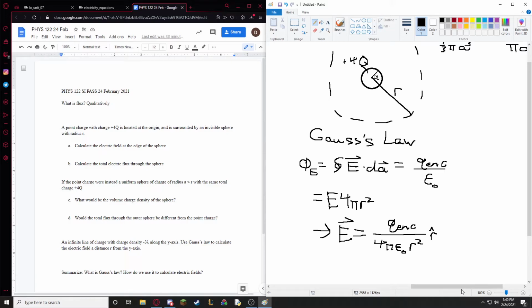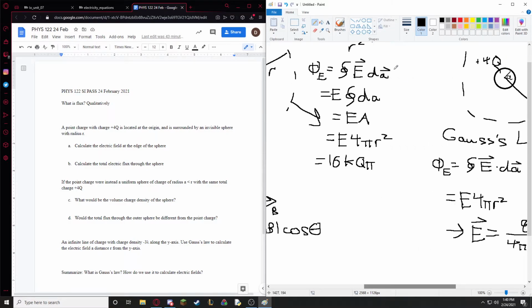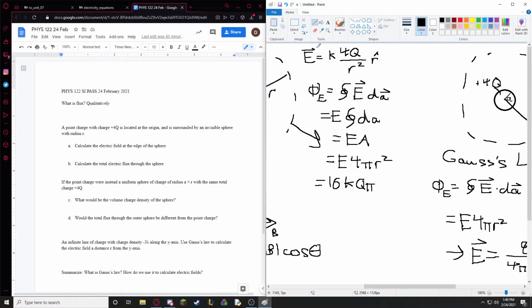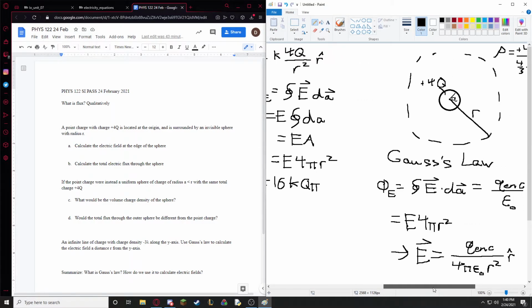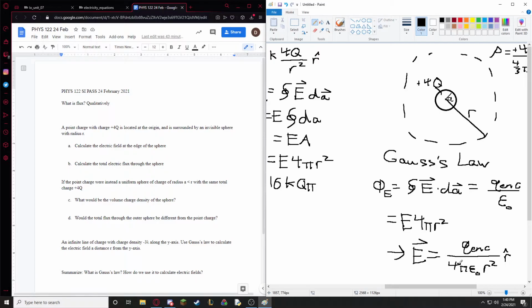So is this the same thing as our point charge electric field? With this different constant, epsilon naught, and we have this 4 pi we need to deal with. How are K and epsilon naught related to one another?